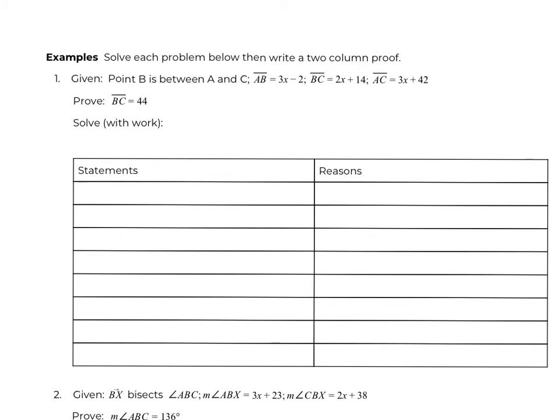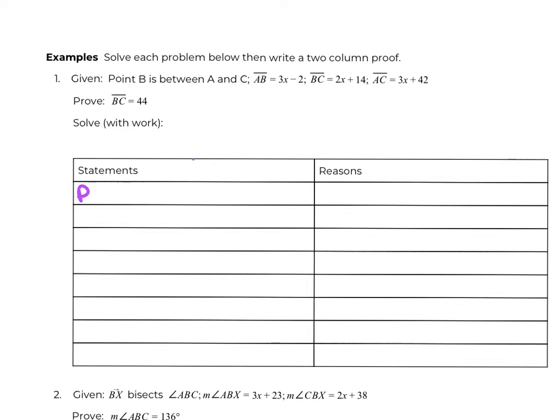Okay, so example 1. Solve each problem, then write a 2-column proof. So when you do a proof, remember the left side is your statement, right side is your reasons. And reasons could be postulates, like we just talked about, definitions, properties. Could they simplify, combine like terms, okay? Or what's our first reason always? Given. So let's start with that real quick.